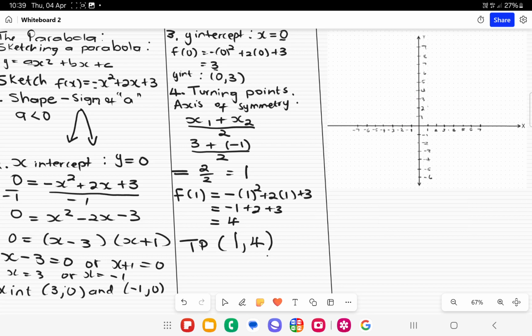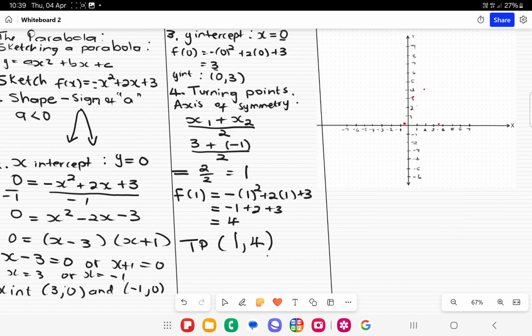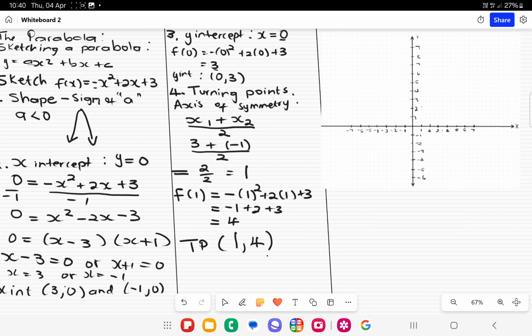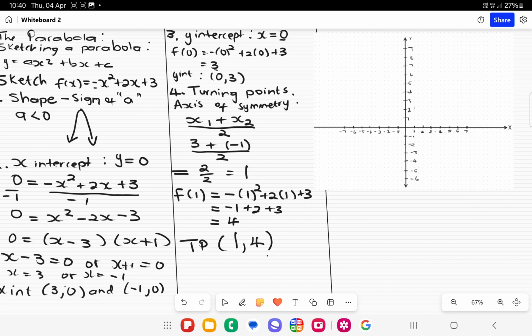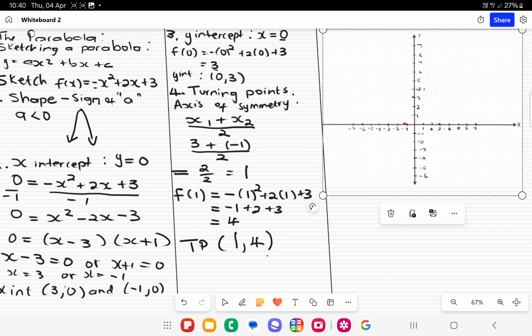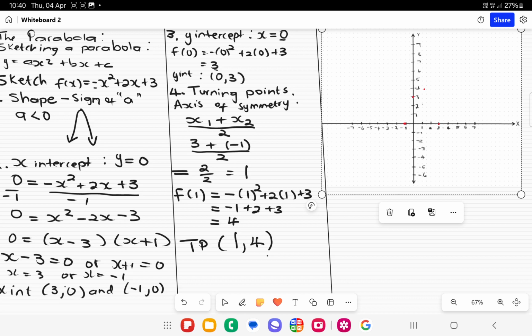My image shifts with my screen. Okay, let's go.